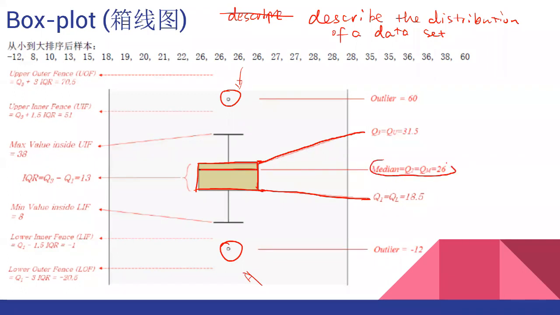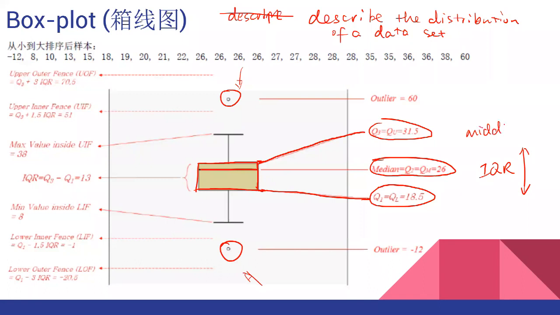The only thing you need to remember is that the box represents our IQR. The lower edge is Q1, the upper edge is Q3, and the line in the box is called Q2, which is the median. So the box represents the middle 50% of all the data.